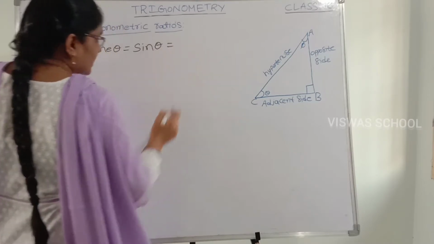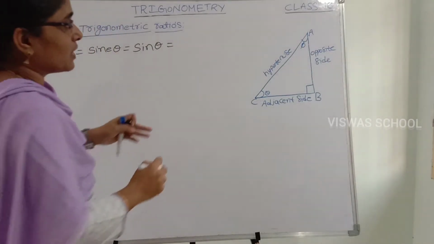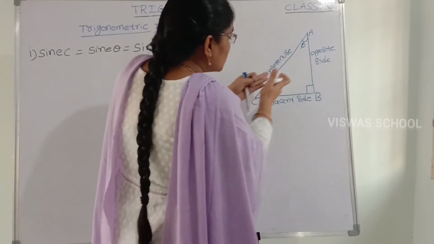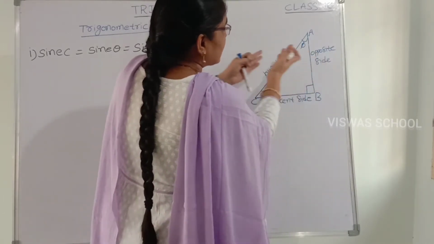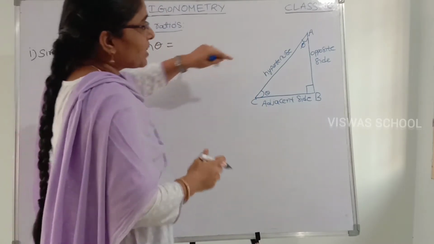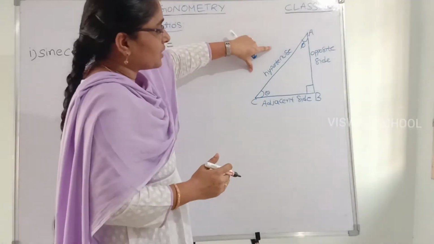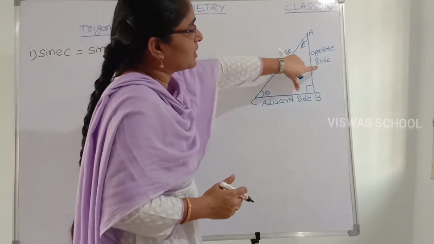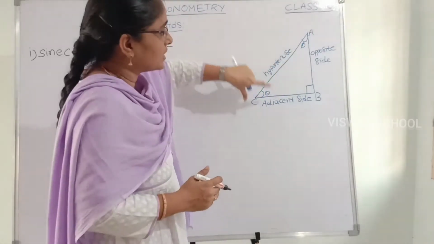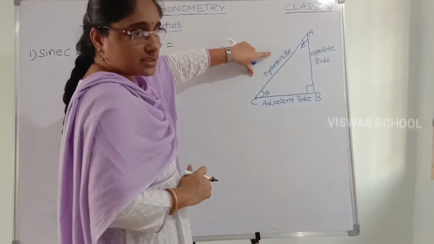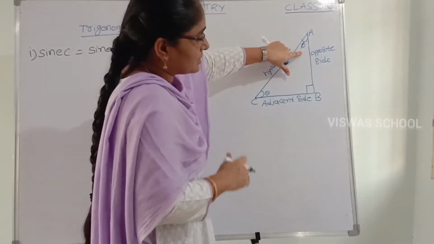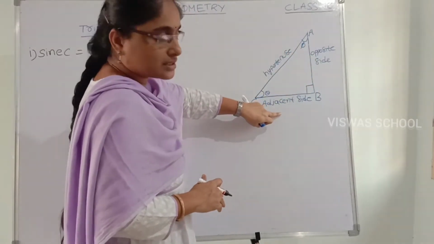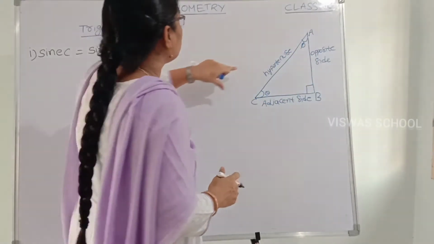Now, sine theta is equal to what here? Sine theta means opposite side to theta by hypotenuse. And see here, hypotenuse is the same. If I am considering theta as the angle, then this is the opposite side and this is the adjacent side, and hypotenuse is the same. If I am considering phi as an angle, then this is the adjacent side and this is the opposite side, but hypotenuse is the same.